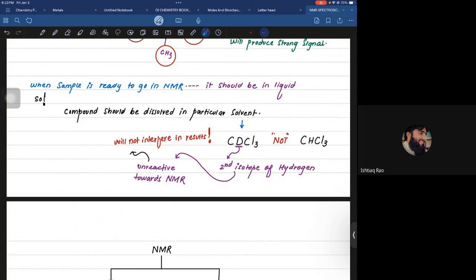How can you then differentiate whether this signal is coming from your solvent or from the sample? It would be completely mixed. So to avoid this, you are supposed to take a solvent which should not show any response. So that's very important.